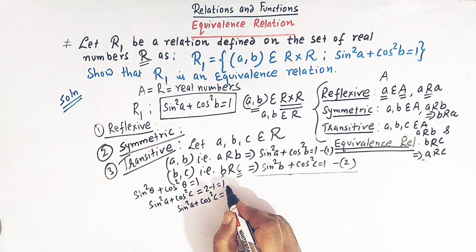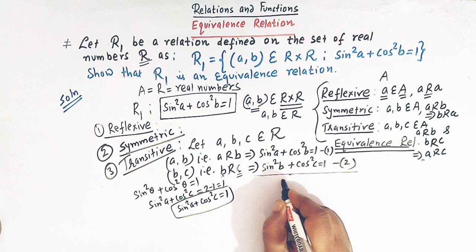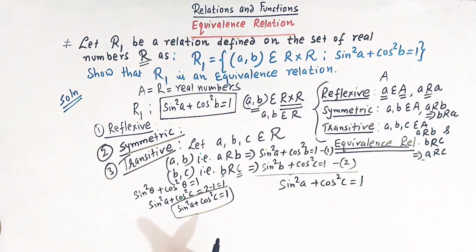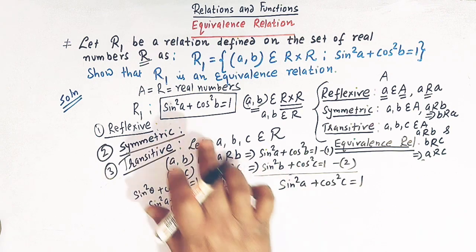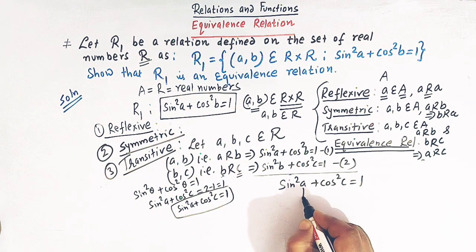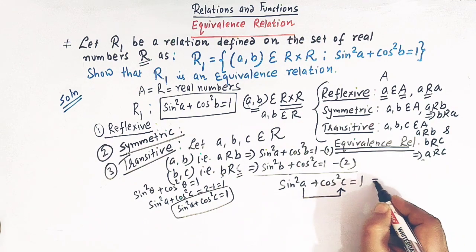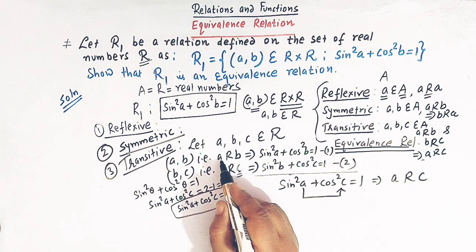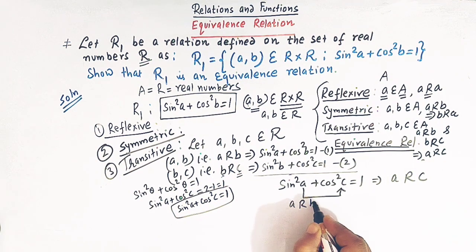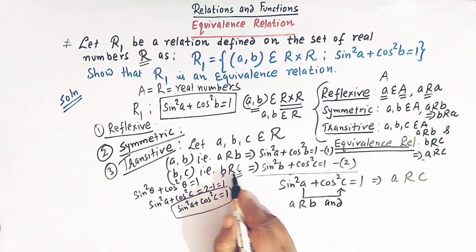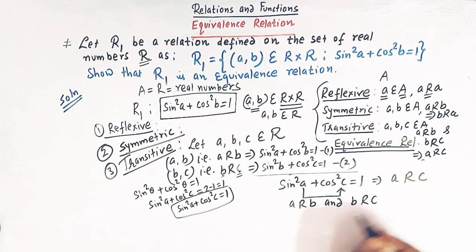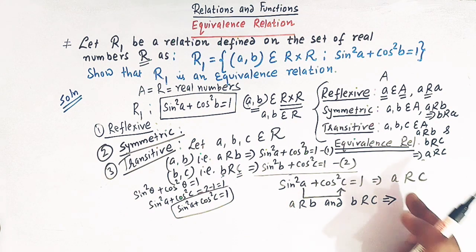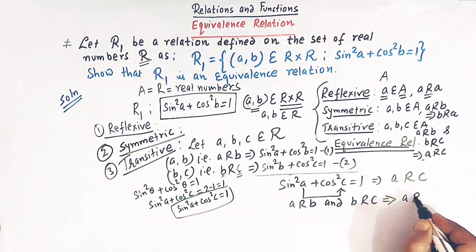So now we have obtained this important relation, right? Sine square A plus cos square C is equal to 1. And if we compare this relation with this one, then we can see that A is related to C, right? So what we have obtained: we have A related to B and B related to C, and these two together imply that A is related to C, right?